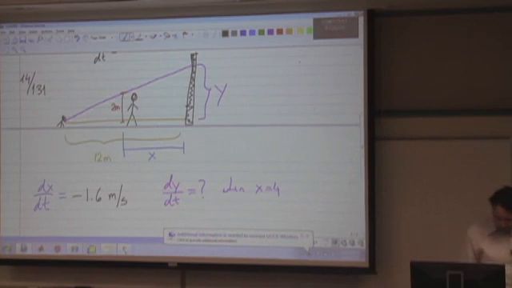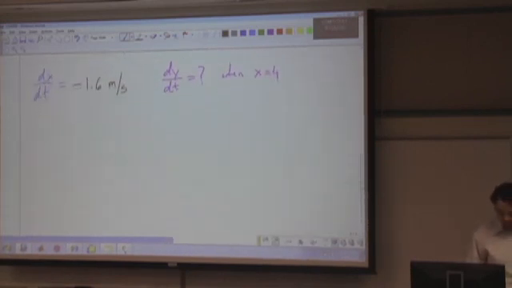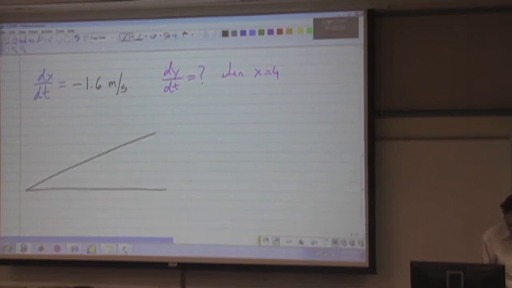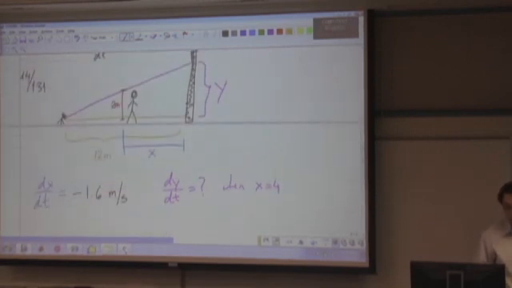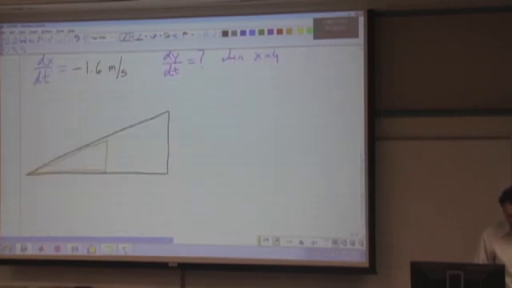So let's forget about the actual drawing that I had. If I am to draw two triangles, and I probably chose x the wrong way. But anyway, what do we know?